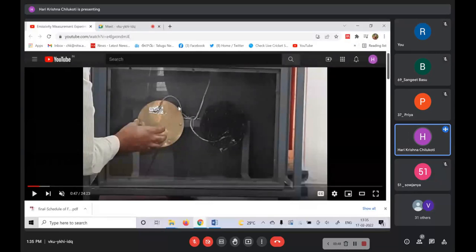These two plates are of the same material, and their dimensions are also the same. One plate is coated with dull black, and this coated plate, also called a black plate, or sometimes referred to in the video as the reference plate, acts as a black body.